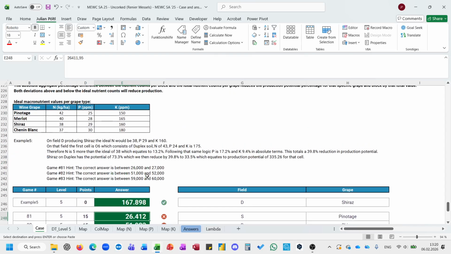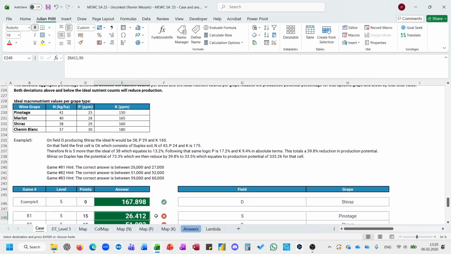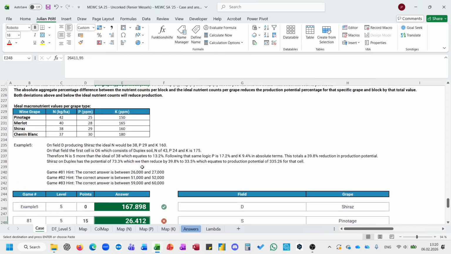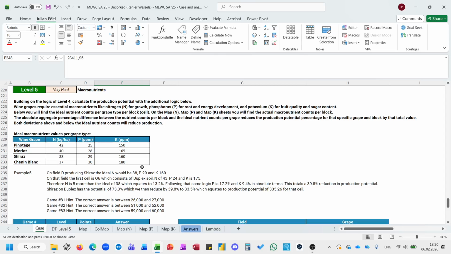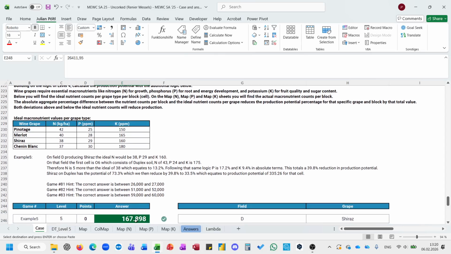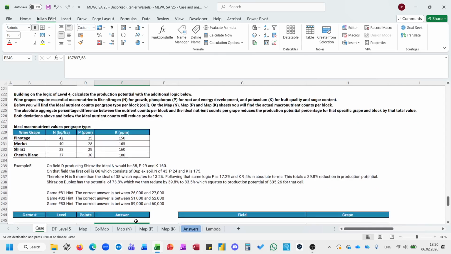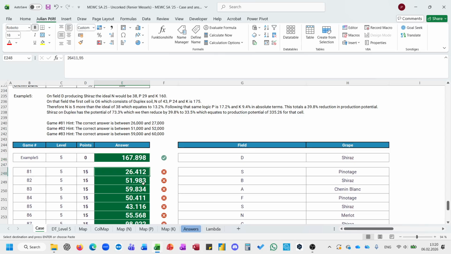Yikes. Loki, yikes. Is this a rounding issue? Is this a rounding issue? Has to be. Has to be.